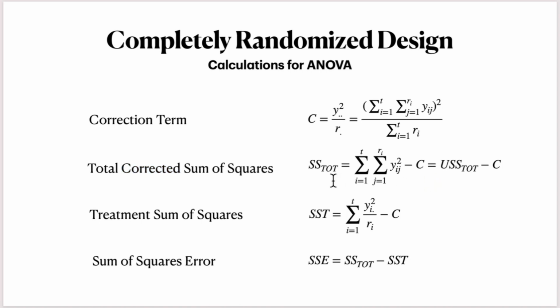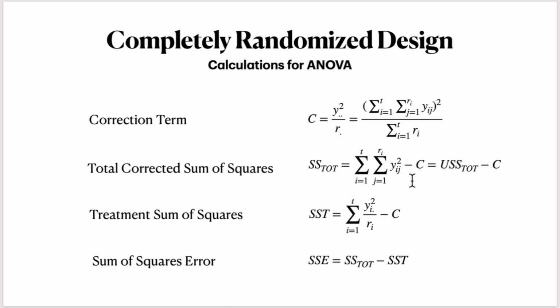And so the way that we do that is to first calculate the uncorrected sum of squares, and then we subtract off the correction factor. Remember that we're also denoting this uncorrected sum of squares using this notation as well. So what this means is we have to square every observation in every sample, add all those squared values up, and then from that subtract off the correction factor.